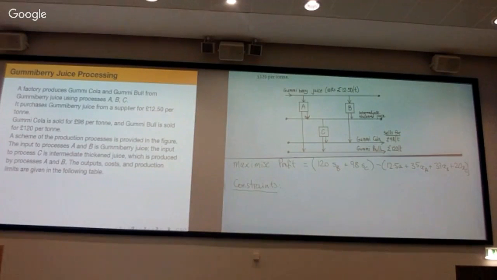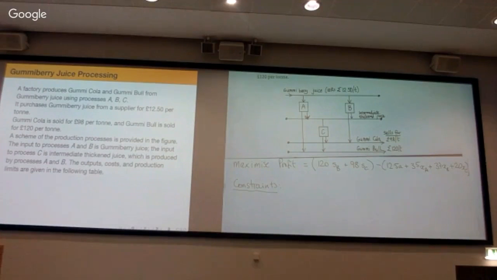So what there is here is that you can't store the juice. You can't put it to the side. So in fact, what the pipe constraint says is that you buy exactly the same amount of gummiberry juice that you're putting into A and B.